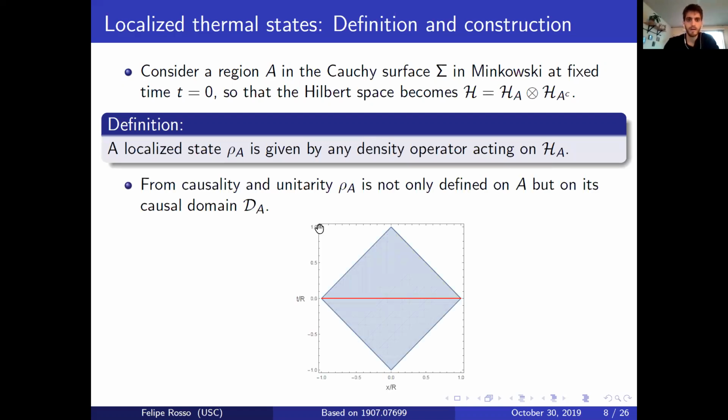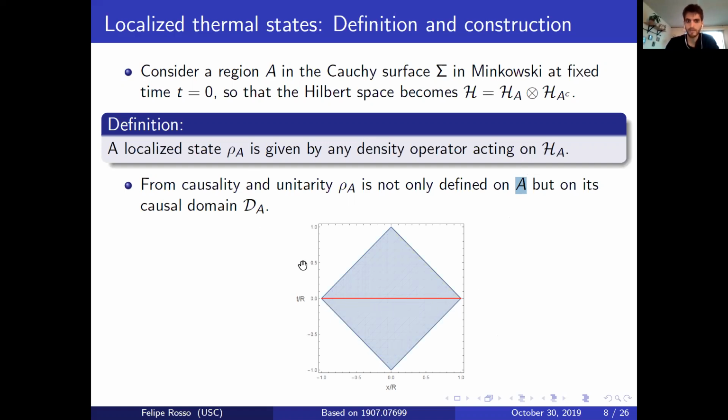So let me give you a concrete example. Let's take a two-dimensional field theory, let's say this vertical direction is time, and this horizontal direction is space, x. And let's take the region A as this red segment that we see over here of some length r, okay? This is the segment.